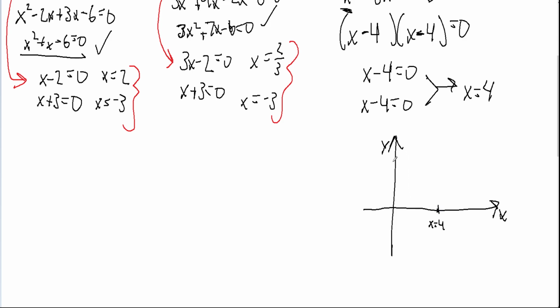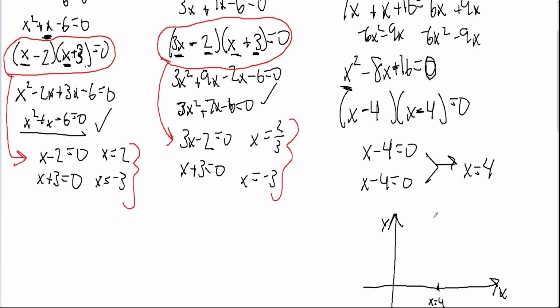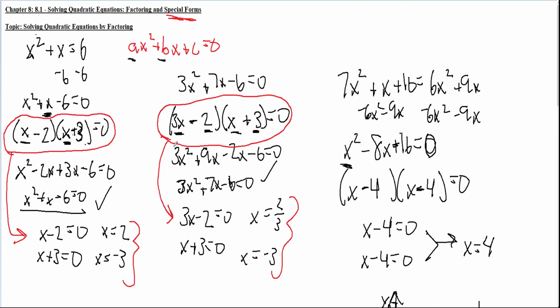So we have our quadratic equation. Let's see, what would the y-intercept be? If x is 0, then we have 16. So way up here is 16. So we have something that looks like that. And that's what the graph would look like for this quadratic equation, if you were just curious.